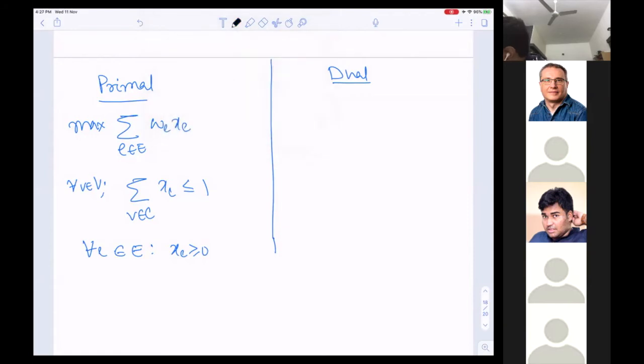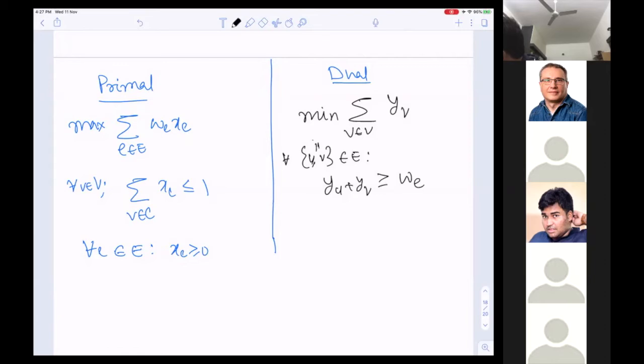Its dual LP is a minimization, and you know very well: summation v in V, yv, for all u comma v in E, yu plus yv should be greater than equal to we. And for all v in V, yv is greater than or equal to 0.